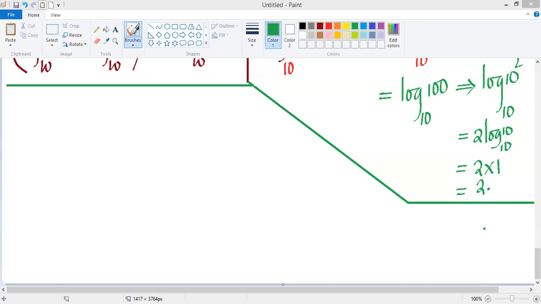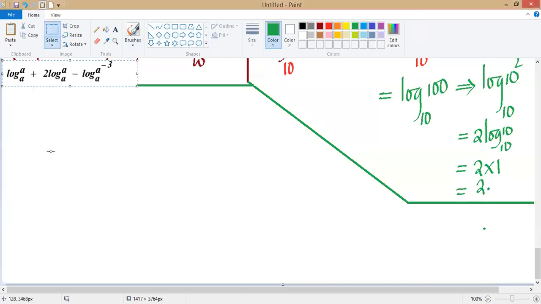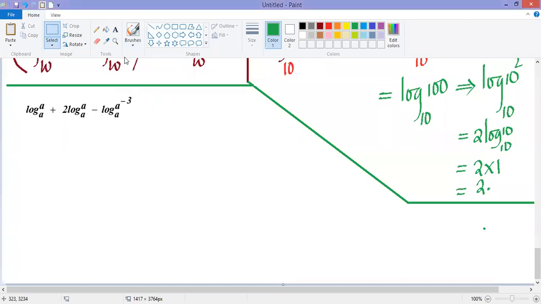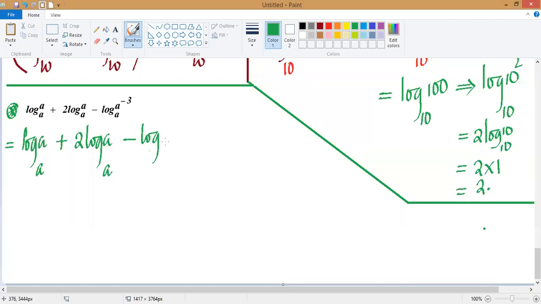You may have a question with purely unknowns. For example, that one. They want us to simplify log a base a plus 2 log a base a minus the log of a to power negative 3 base a. They want us to simplify that.